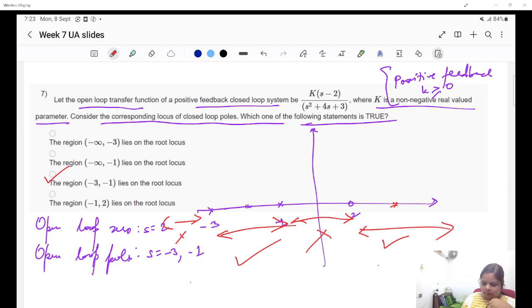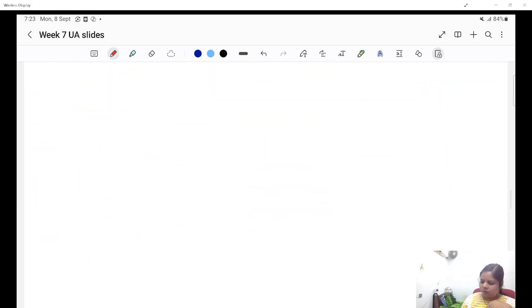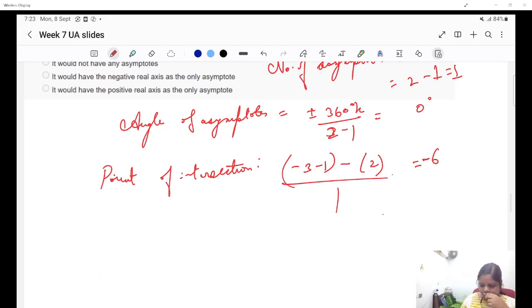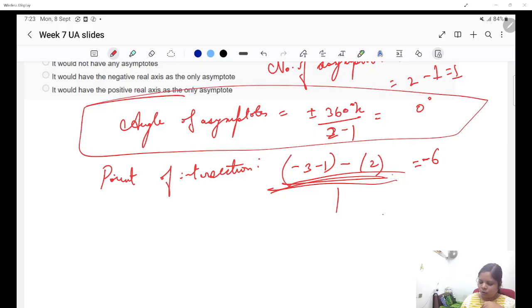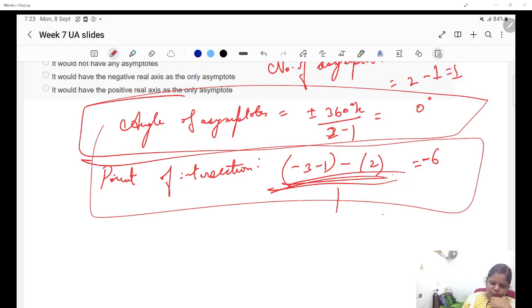Minus of minus 2 is plus, but the zero is at s is equal to 2, so it would be 2 only. This is -6. So what is happening? We are getting an arbitrary number over here. But we already know that the angle of the asymptote is 0 degrees. So there is no point in finding the intersection.